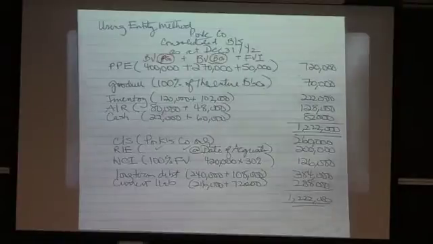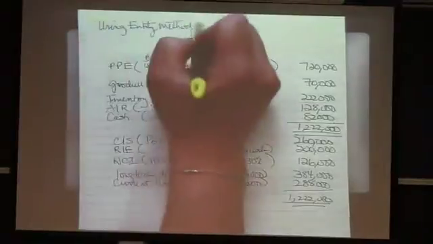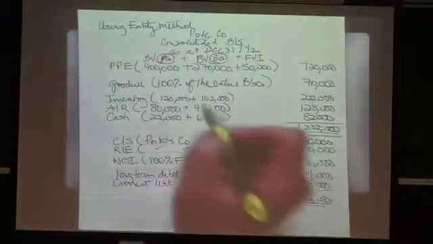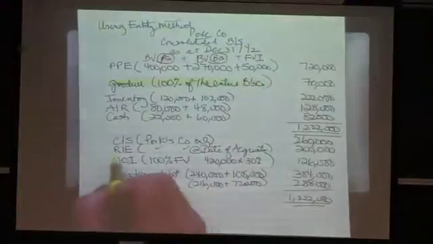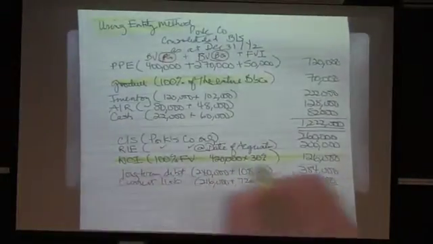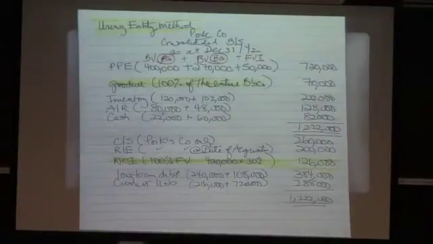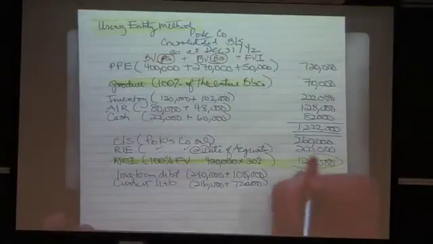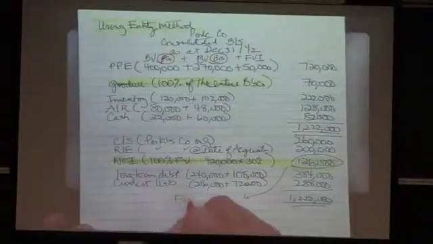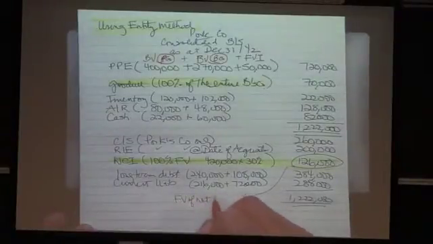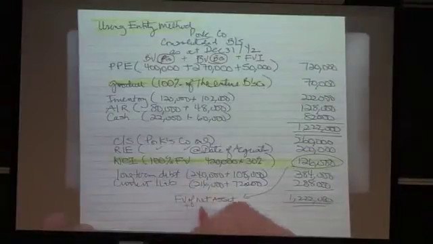The entity approach requires us to record 100% of the calculated goodwill, and also requires us to record 100% of the non-controlling interest's share of the fair value of the net assets plus the fair value of goodwill. So if you really think about this, this represents fair value of net assets plus goodwill.